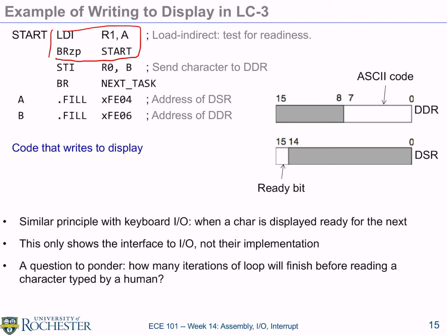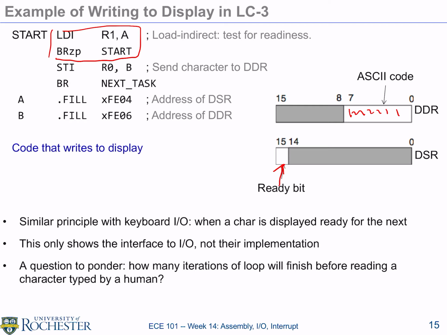Are you ready for me to give you another character to print out onto the display? And again, if you're not ready, I'm looping. And when you are ready, I want to print something out by writing to the data register, let's say the ASCII code of the character that I want to print.